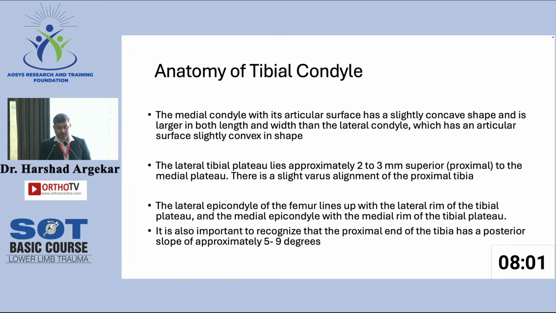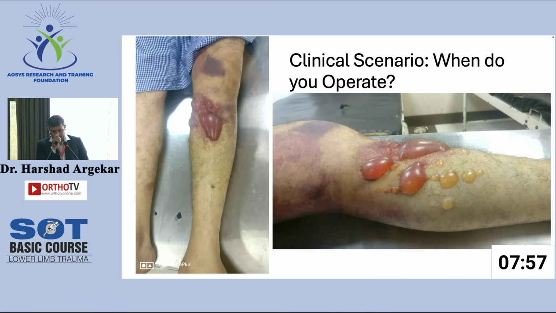And then the clinical scenario. When to operate is a difficult task. If a similar kind of situation arises, then whether to go immediately or later, a decision has to be taken. There are 2 types of blister you can see in this picture.